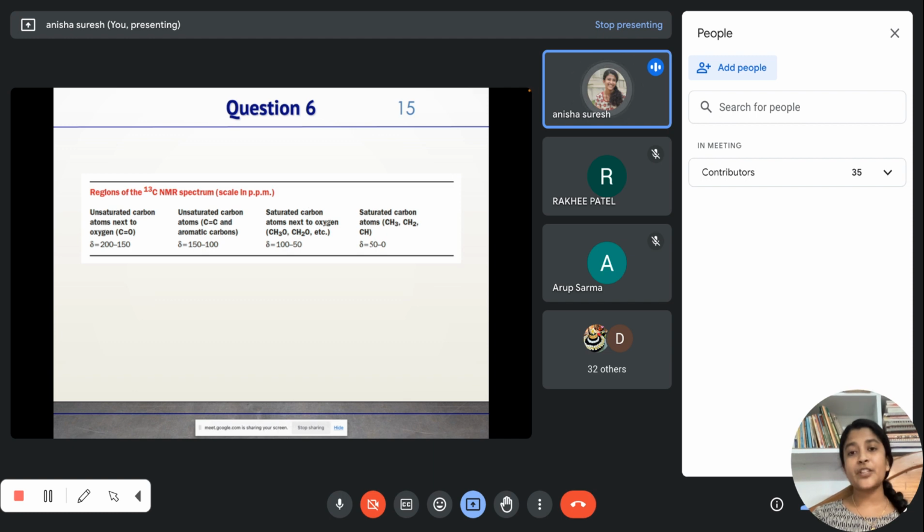Saturated carbon atoms which are next to oxygen, that is CH3O, CH2O, etc. will be coming in the range of 100 to 50 ppm. And unsaturated carbon atoms like C double bond C or aromatic carbons will be coming in the region of 150 to 100 ppm. And unsaturated carbon atoms next to oxygen, C double bond O, will be coming in the region of 200 to 150 ppm.